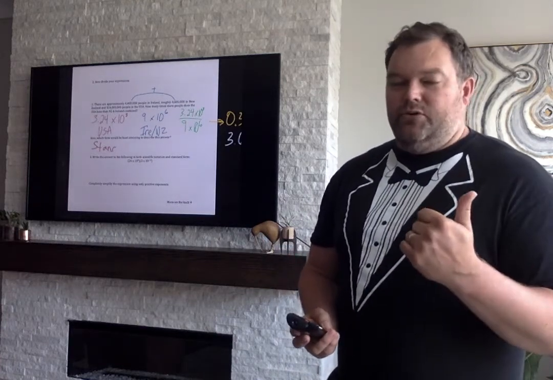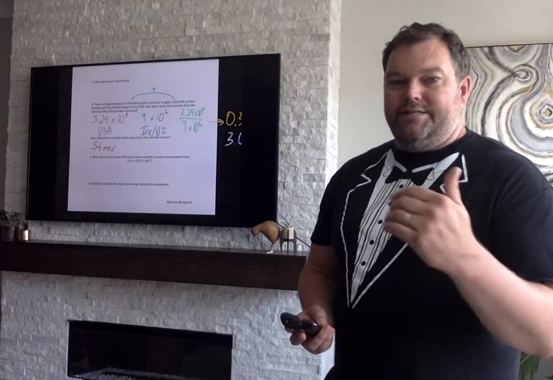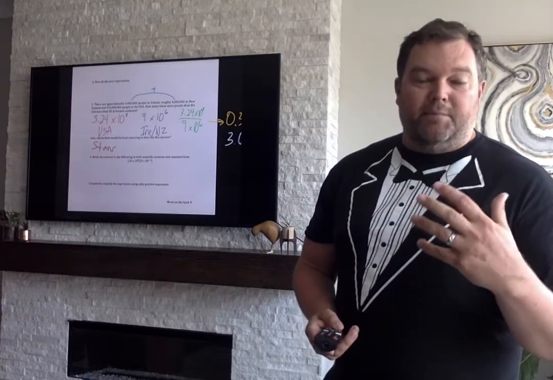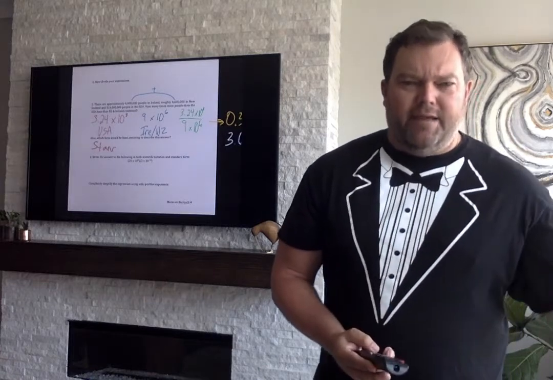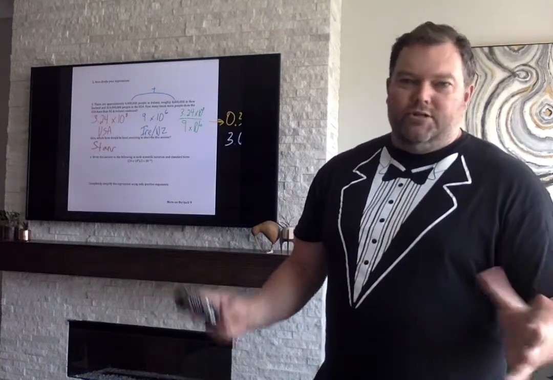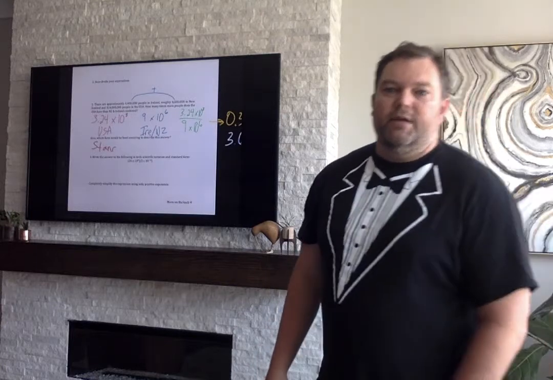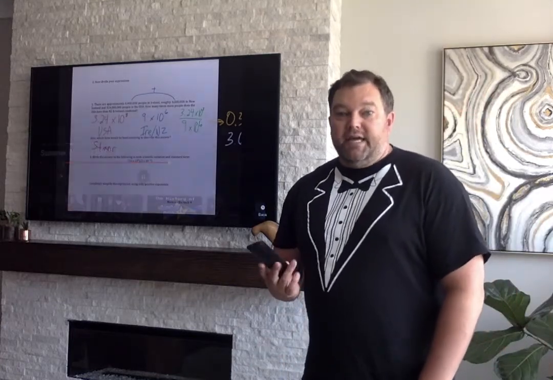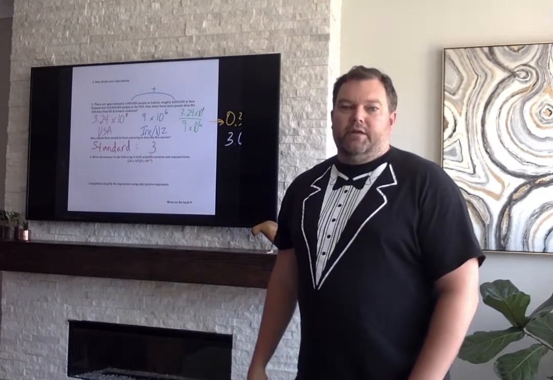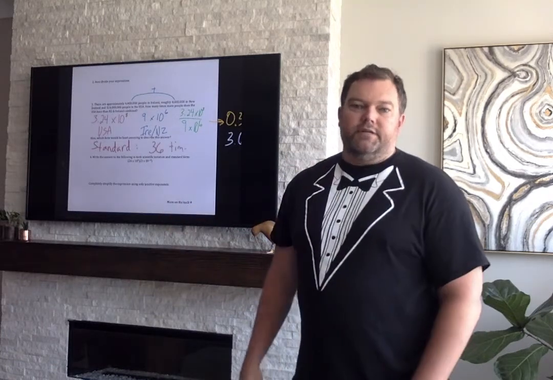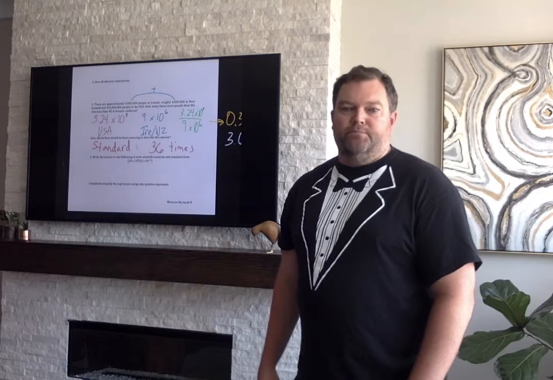Doesn't it sound a lot more normal to say there are 36 times as many people rather than saying there are 3.6 times 10 times as many people? Way easier to say 36 times as many people. So standard form, the way we normally write numbers, would be the best way of saying that answer. 36 times as many people.